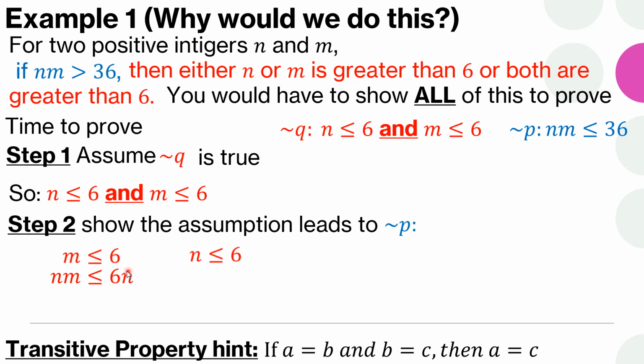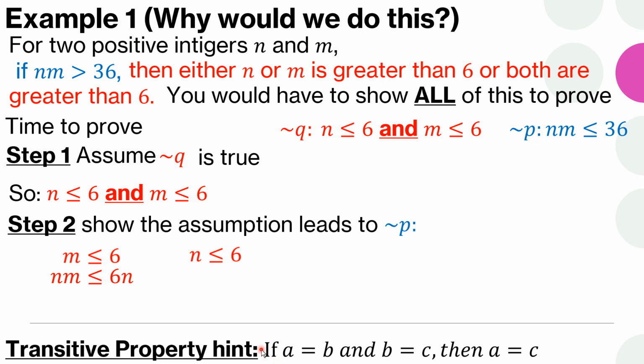And we kind of have a good clue right here at 6n. So if we can get to 6n on this side, and basically a 36 on this side, we can use the transitive property. A is less than or equal to B, B is less than or equal to C, and A implies C. We kind of have an A over here, and a B right here. So if we get the B right here, and a C over here, good to go.